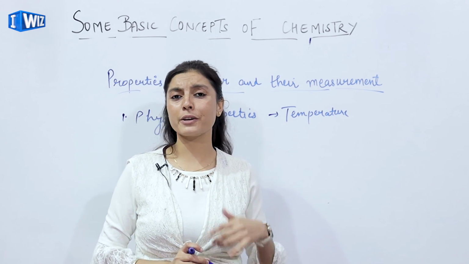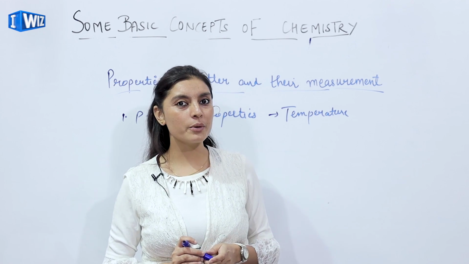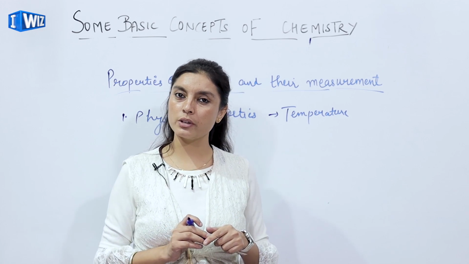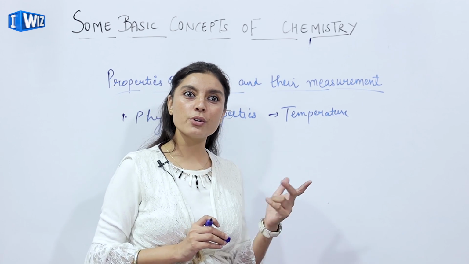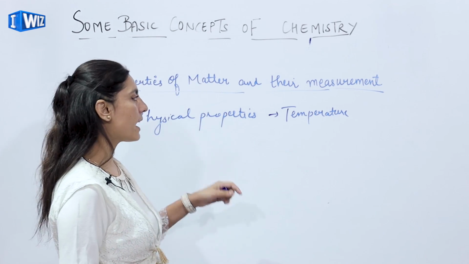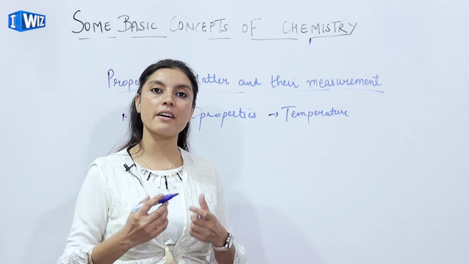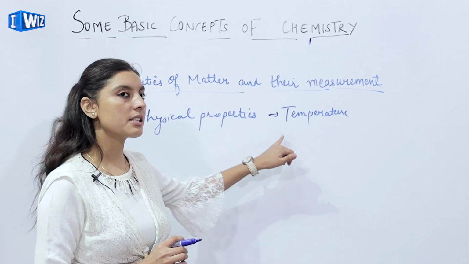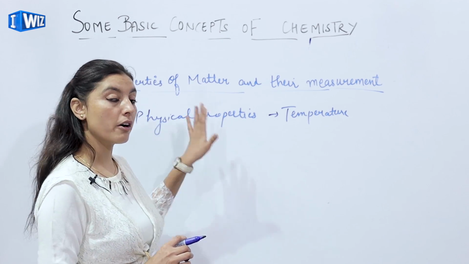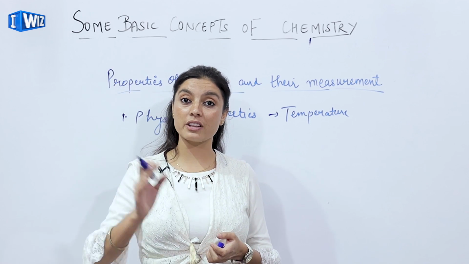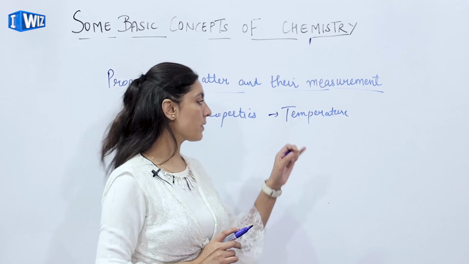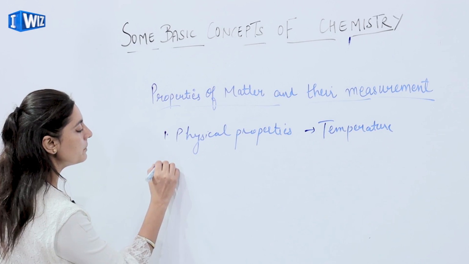On the other hand, if I go to Shimla, I will start feeling cold because the temperature is lower there. So I need not know about the chemical changes occurring behind it. I only get to know from what is happening that the temperature has gone down or is up. This is a physical property on the basis of the physical structure rather than taking into consideration the chemical changes behind it.